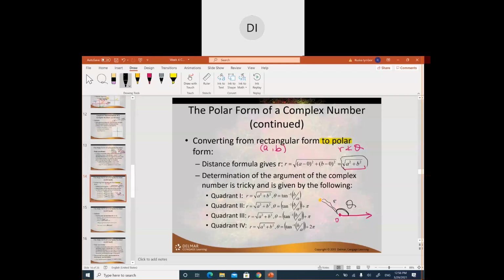Let me explain here. These are the quadrants: first quadrant, second, third, and fourth. In the first quadrant we have positive a and positive b. In the second quadrant you have negative a and positive b.